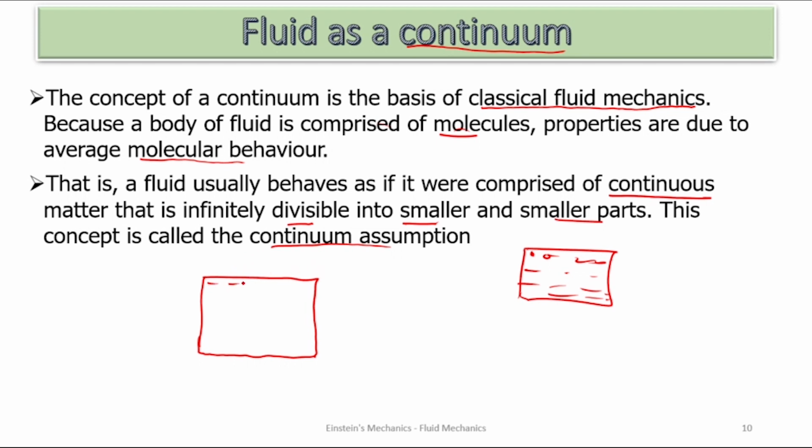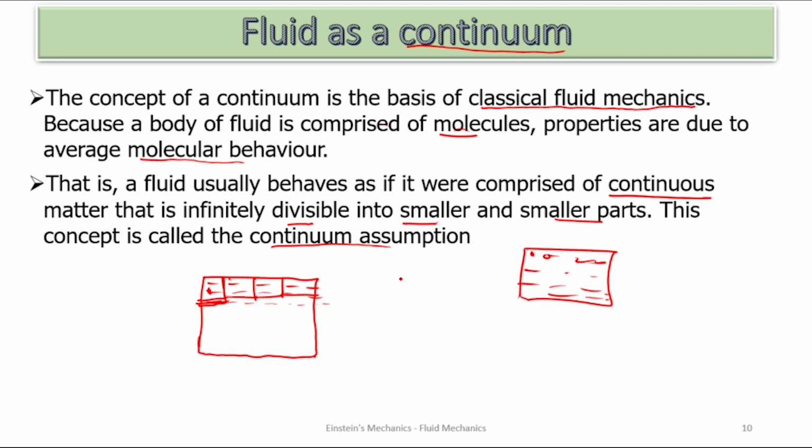Meaning at any point in the fluid, we can divide the molecule into smaller parts, and all these smaller parts combine to form the entire container or the entire fluid. And with this, if we consider any small part, since the fluid is continuous and the parameters are almost the same, we can do analysis at any smaller portion.